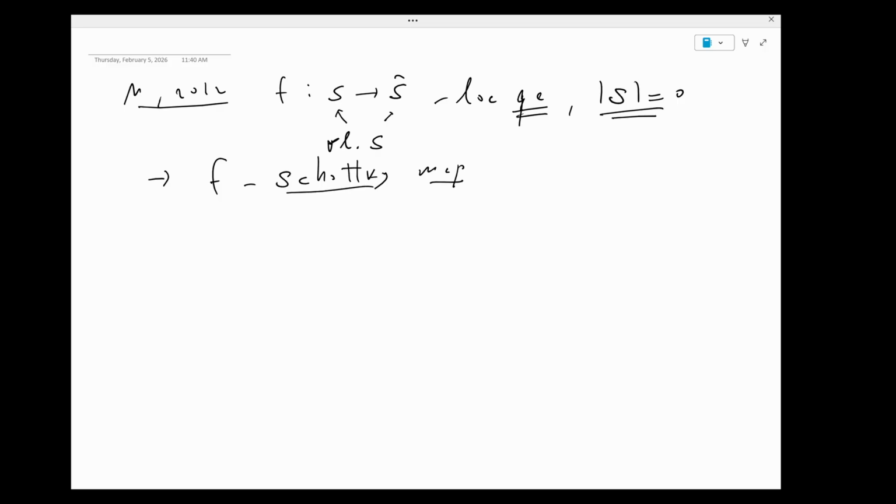So the derivative does exist. It's continuous. In fact, I proved that the derivative is a locally Lipschitz map.